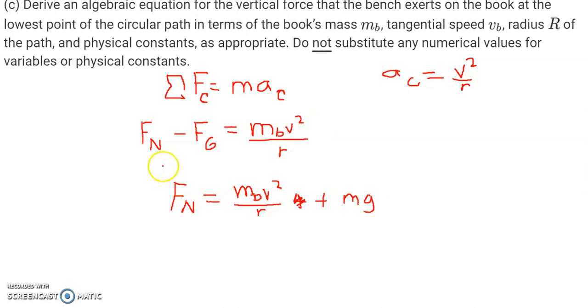And there you go, that's your answer. If you'd like, you can rewrite this, but you don't have to. We can factor out the m, and you don't have to do the step, and that'll be m times v squared over r plus g equals the normal force.